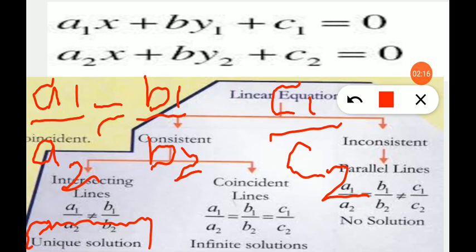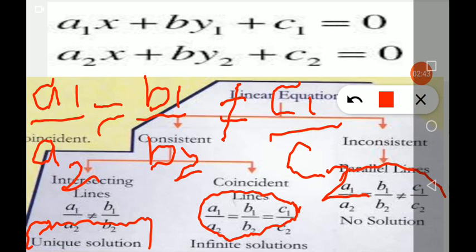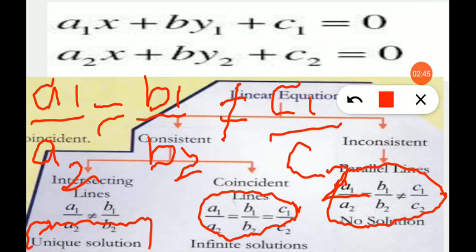It might be possible that the c1 by c2 ratio is also equal to a1 by a2. In such a case, we have infinitely many solutions because the lines will be the same line. They are coincident lines. And if it is not equal to the previous one, then they are parallel lines, and hence we have no solution.